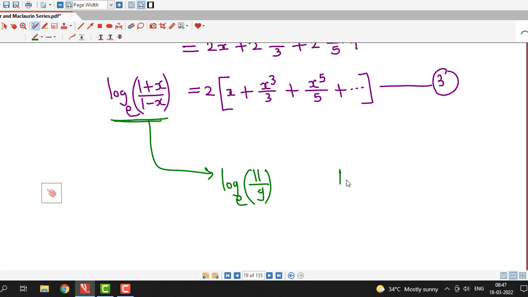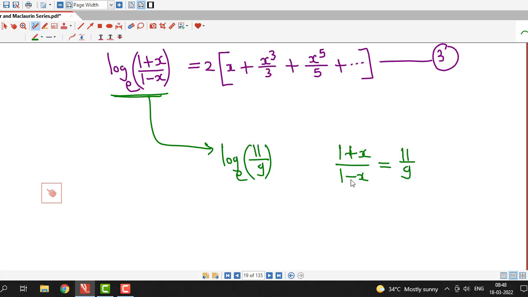So we can compare 1 plus x by 1 minus x with 11 by 9, and we can decide the value of x.